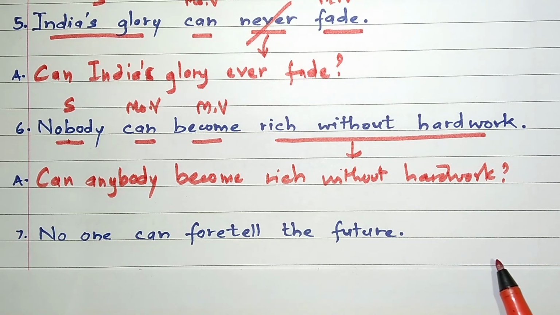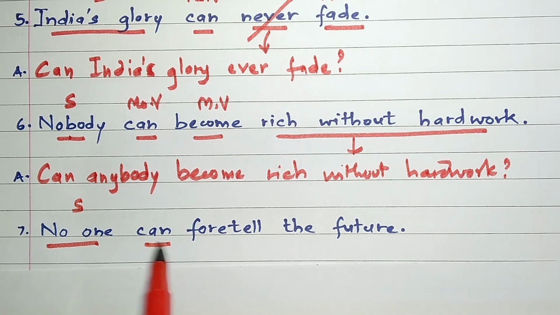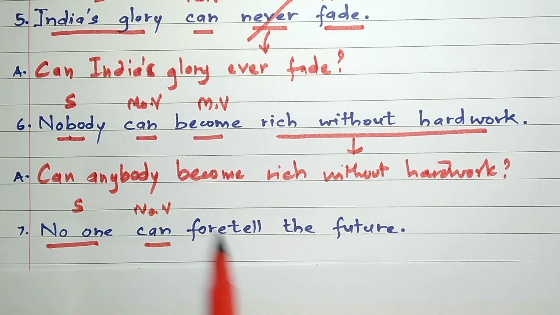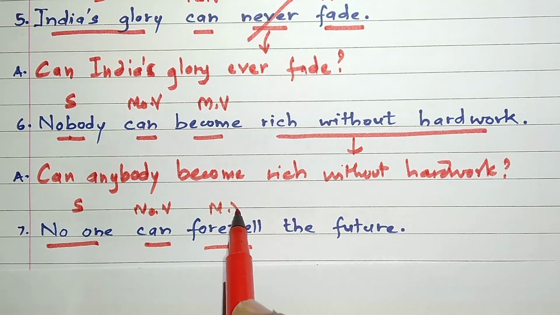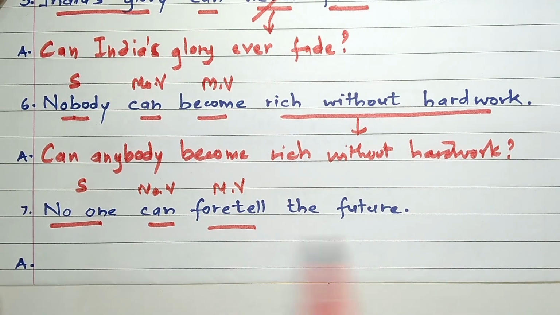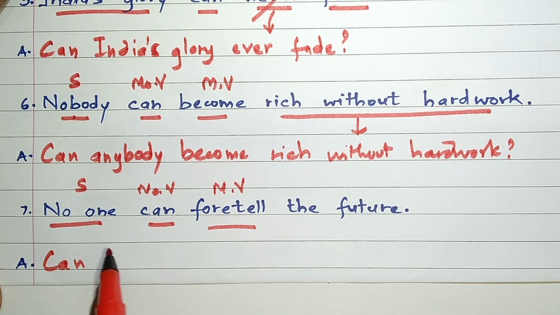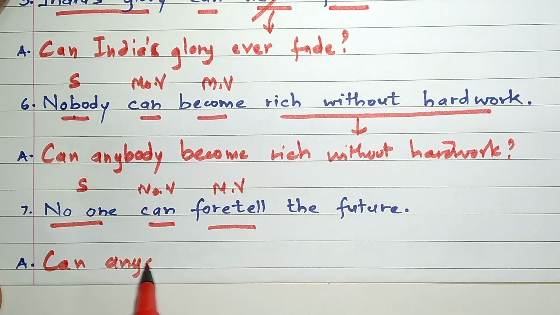No one can foretell the future. Here no one is the subject, can is the modal verb, foretell is the main verb. So the sentence is negative, so our interrogative sentence will be positive, affirmative. So we'll start with can. No one will become anyone.